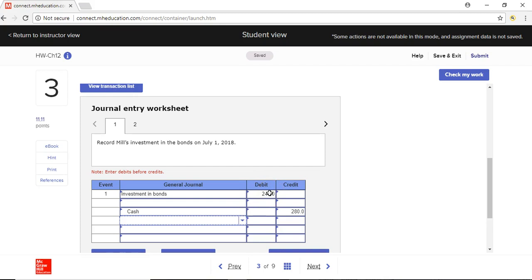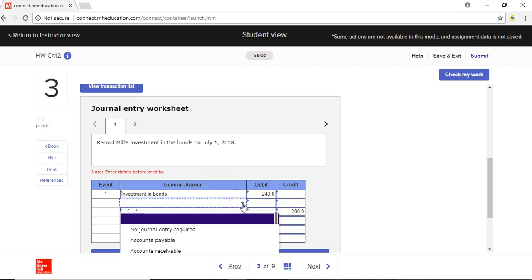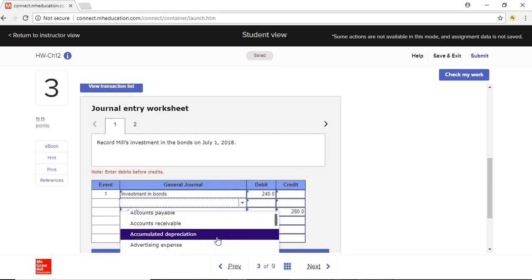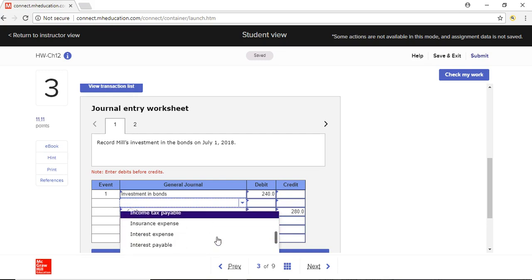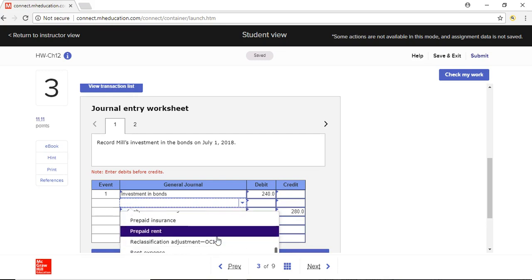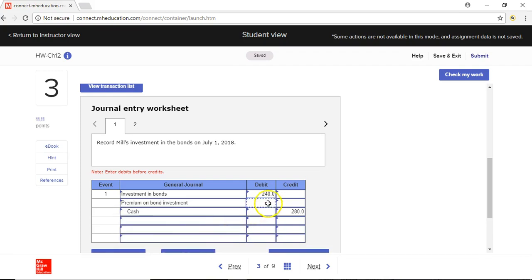Is it a discount or premium? We will name it based on the issuer. The issuer issued a face amount of $240 million of bonds, but they received cash of $280 million. So the issuer issued these bonds at a premium. Then the buyer will call this difference a premium as well. So we will debit premiums on bond investments.